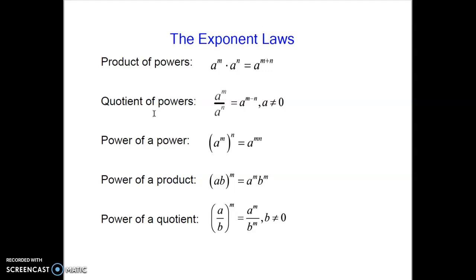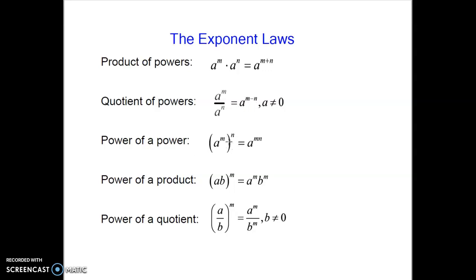Then if we have quotients of powers, that's division. The same thing, if it's the same number, we subtract the exponents. So M and N are subtracted. It'd be like 3 subtract 2. If this was 3 and this was 2, it would be A to the power of 1. Okay, power of a power.